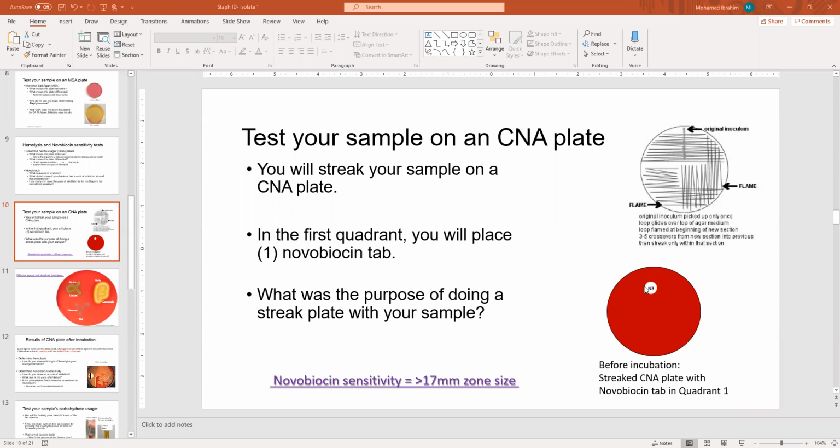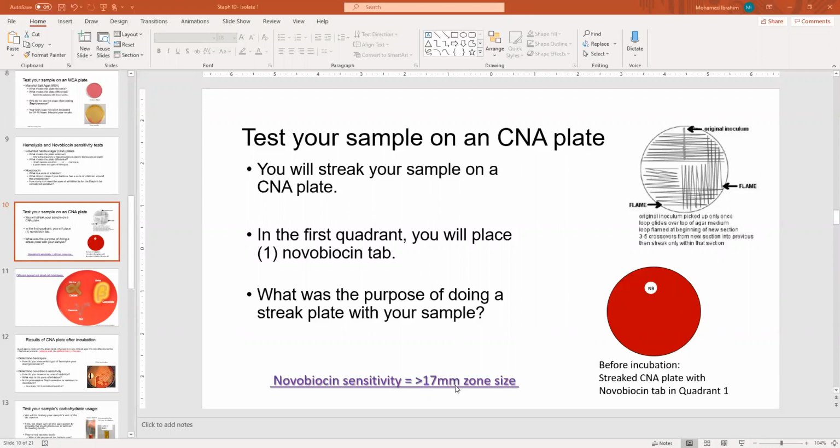Because as soon as you put the saturated disc on, the antibiotic is going to diffuse in the media. So basically you take the media, you streak your organism very nicely to cover the plate, don't leave any gap, and then you put your saturated disc with novobiocin, incubate, and look for the inhibition zone. The inhibition zone is the area around the disc where there is no growth.